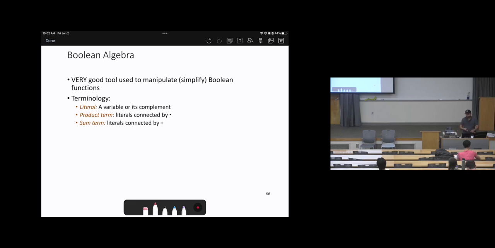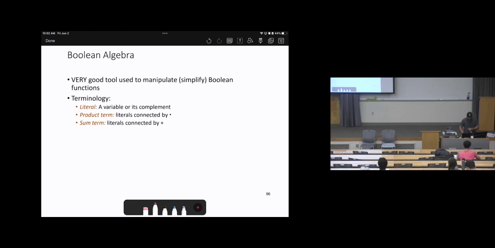Instead of dealing with the garage and the lights and the motor being on or not, you can represent them as symbols. So make the garage door symbol A, the street status, whether there are any cars or not, variable B, and so on.